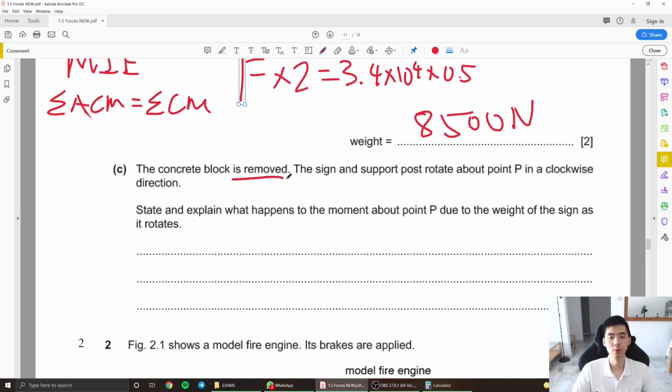The concrete block is removed. The sign and support post rotate about point P in a clockwise direction. State and explain what happens to the moments about point P due to the weight of the sign as it rotates.